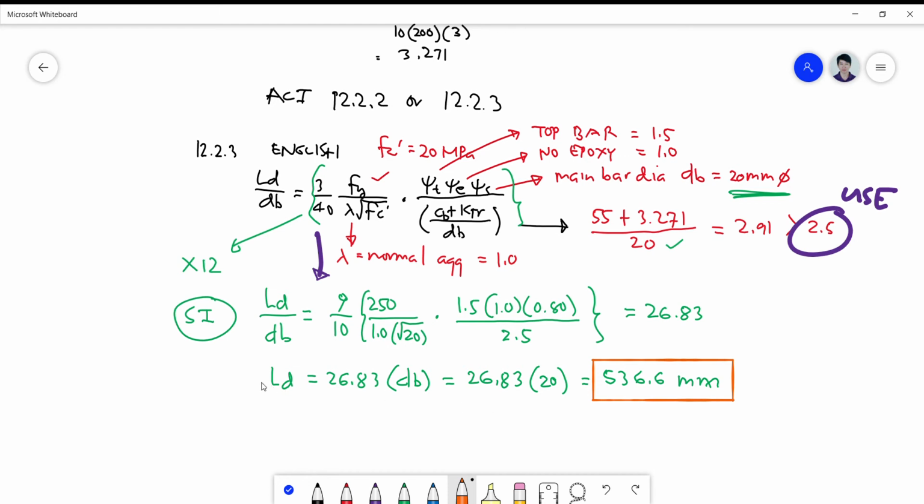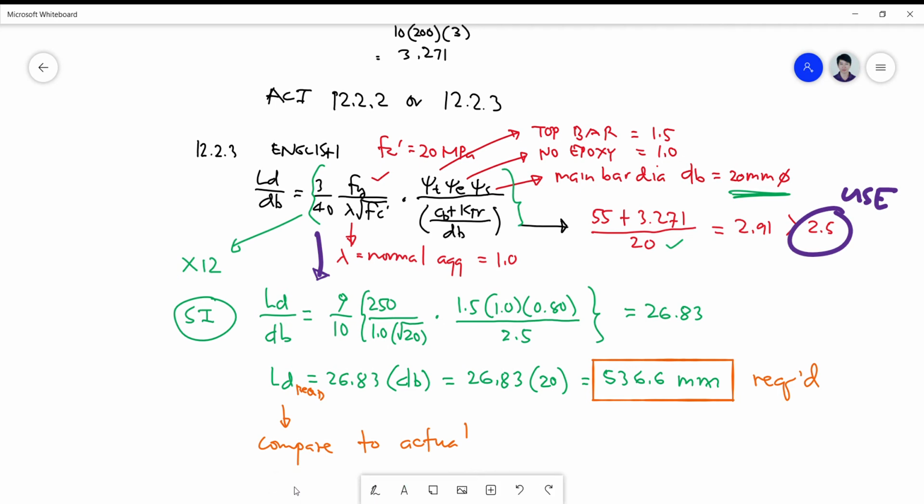This length of development is the required length of development. So we have to compare this required value with the actual. Compare it to the actual value.